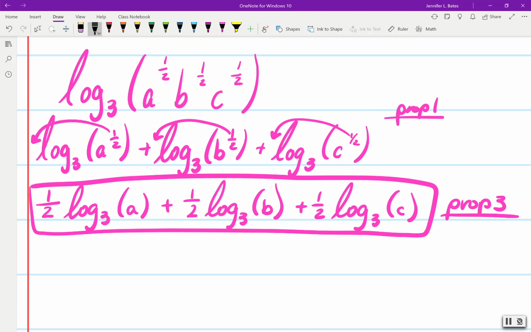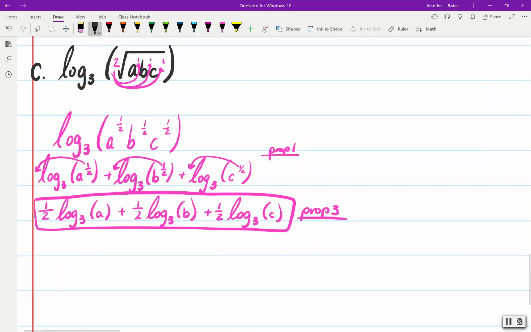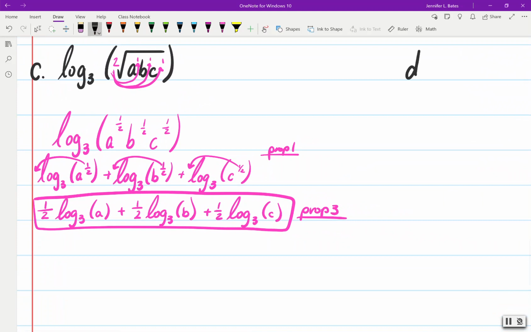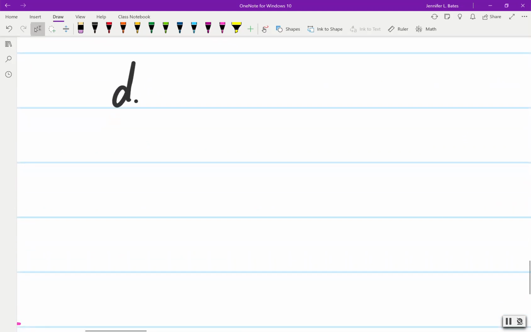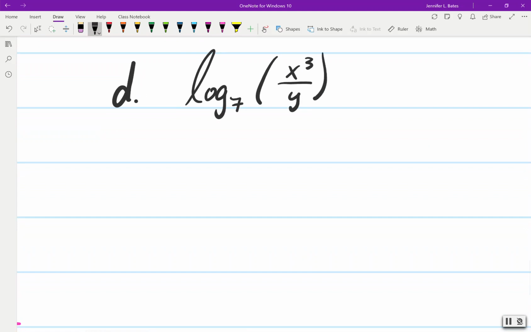So let's do another one. We'll do one more to practice. We'll call this example D. Let's give ourselves a little bit of space. In example D, I've got log base 7 of x cubed over y to the 5th power.